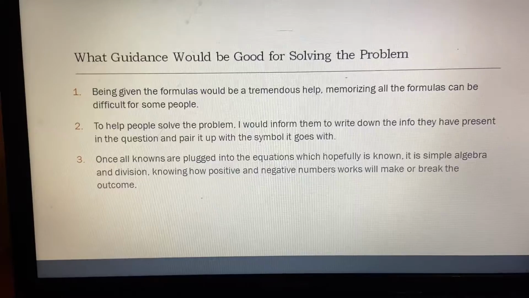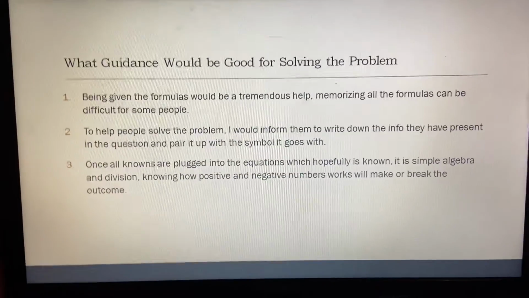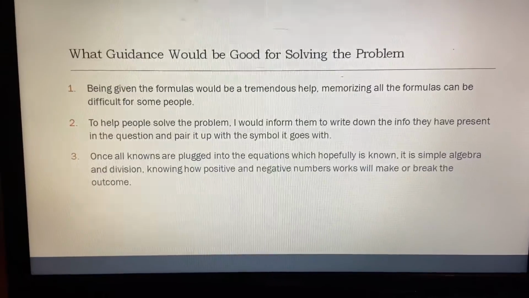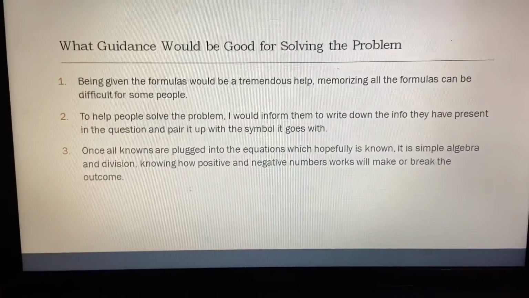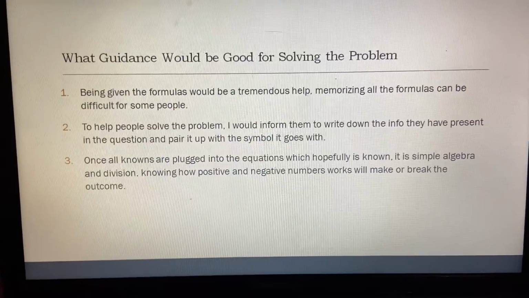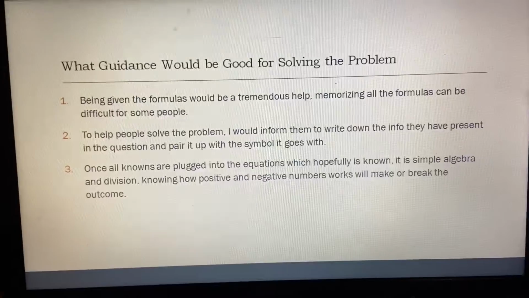If you don't know how to use your negative and positive symbols, you'll mess up the problem and you won't be able to solve further on down the line, because if you use that positive value, your solving for time would be skewed as well, since you were using a positive instead of a negative.